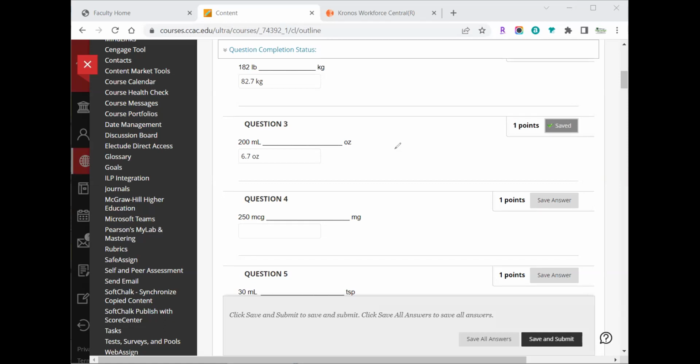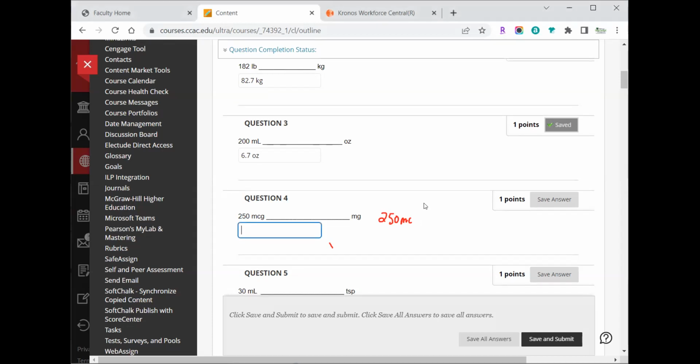For the 250 micrograms, I'm going to make a conversion. Okay, never mind. I'm not going to be able to show what I want to show with this, because it just keeps switching to different things. So there are limitations to technology.